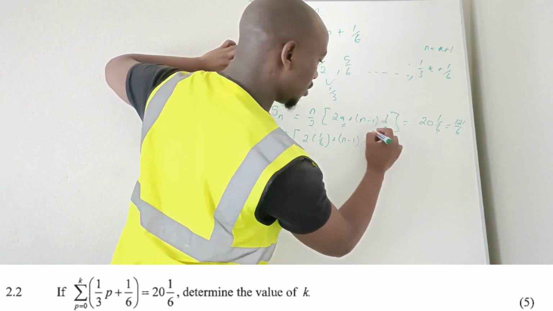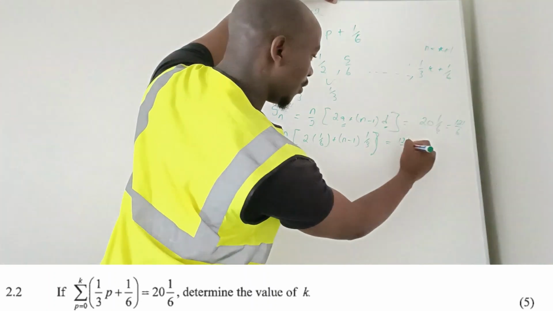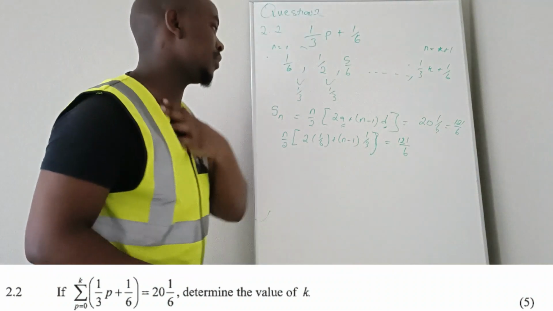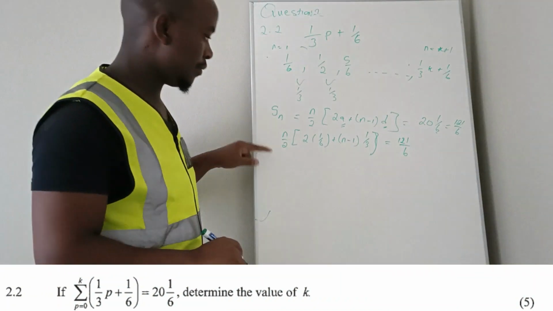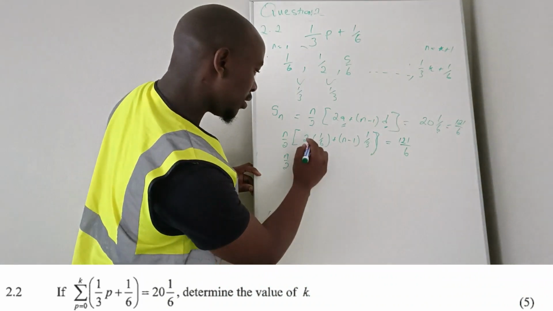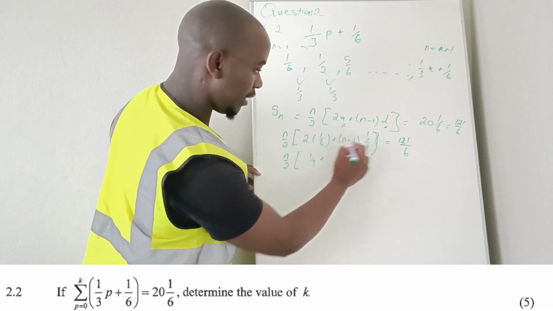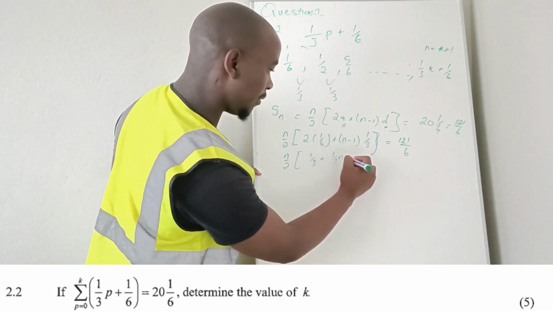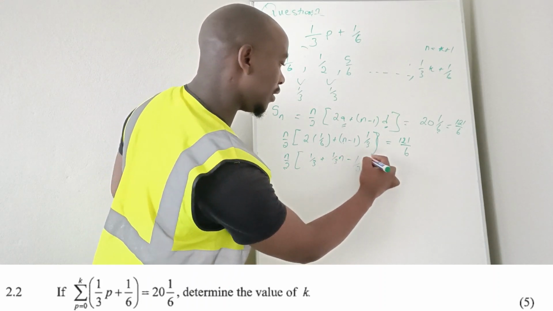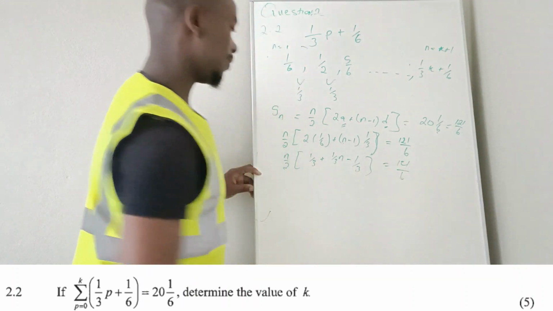This should all equal 121 over 6. So we can continue here. n over 2, 2 over 6 is 1 over 3, plus, and then we multiply this throughout, so we have 1 over 3 n minus 1 over 3, and this should all equal 121 over 6.